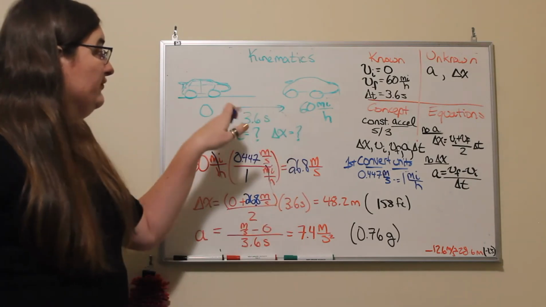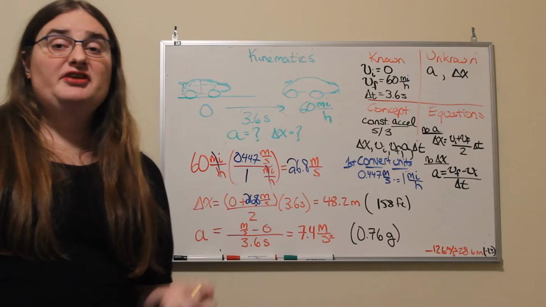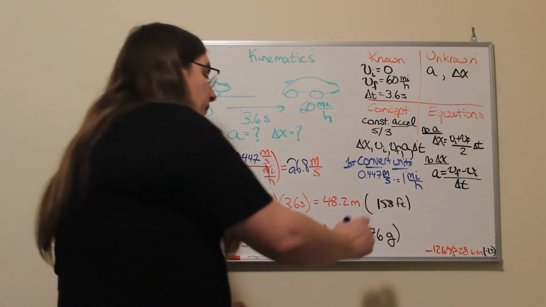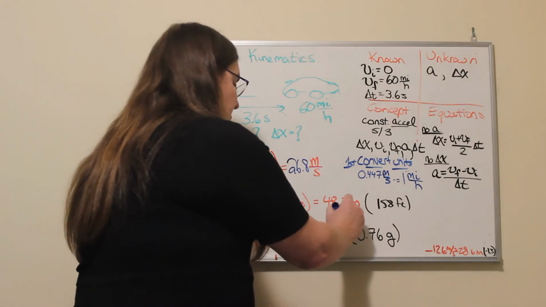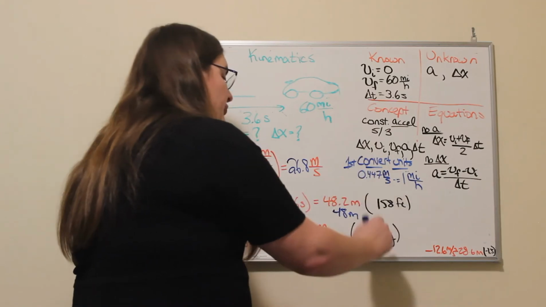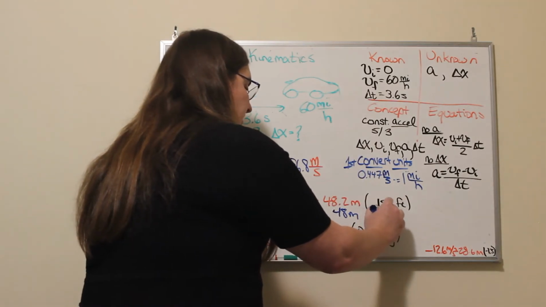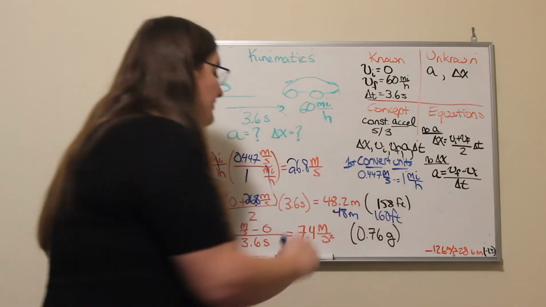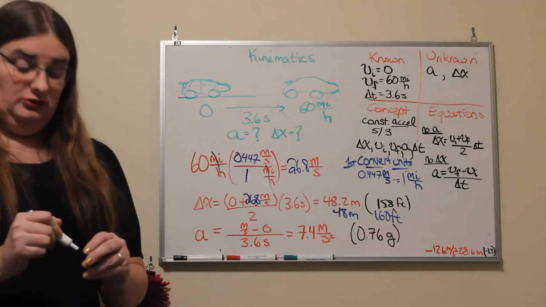And since all of these data points were initially given to us to 2 significant digits, we'd probably round this to 48 meters if we were looking in meters, and 160 feet if we were looking in feet.